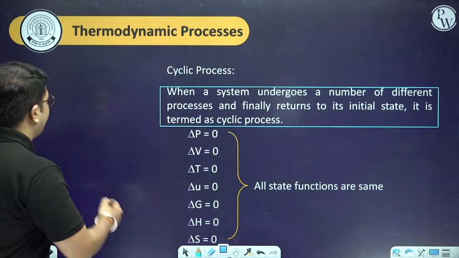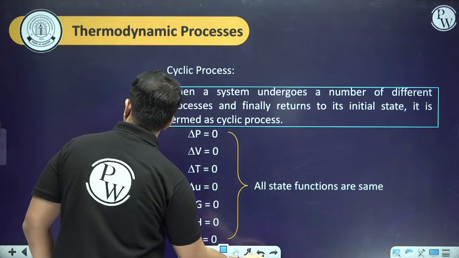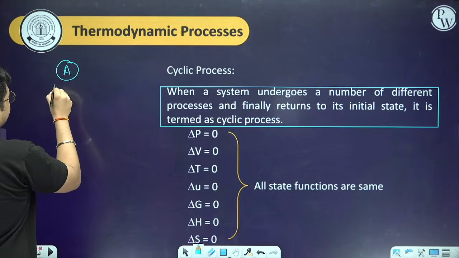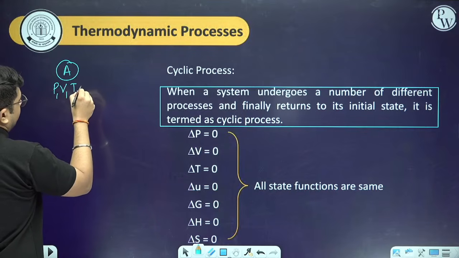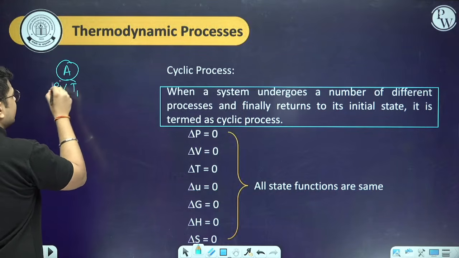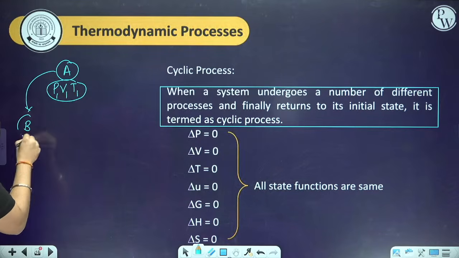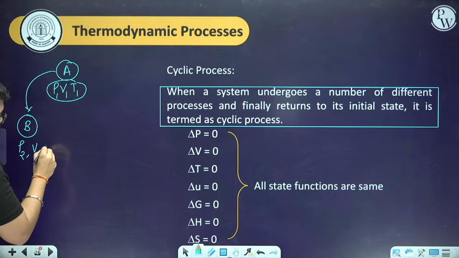So let's say I have state A, and in this case we have pressure P1, volume V1, temperature T1, and the amount of substance is constant. Then I reach state 2, which is B. In this case pressure becomes P2, volume is V1, temperature is T2.